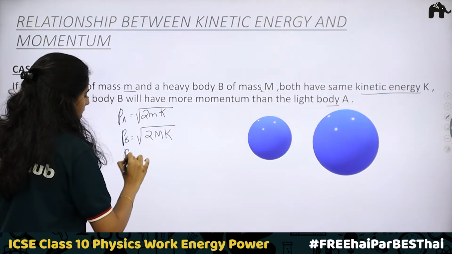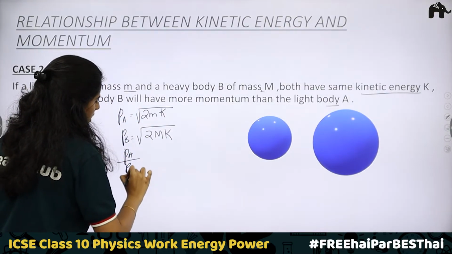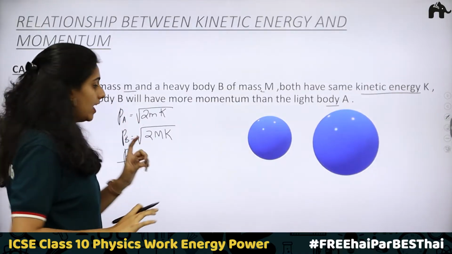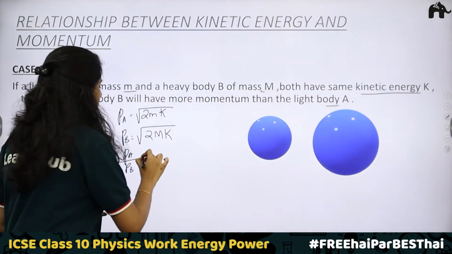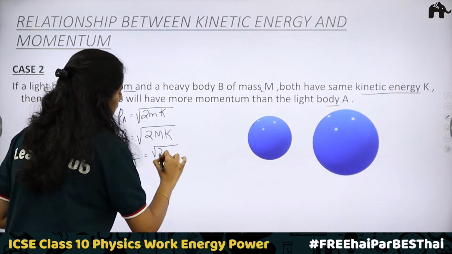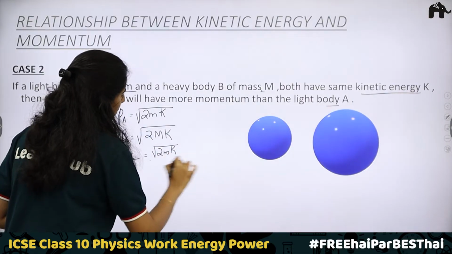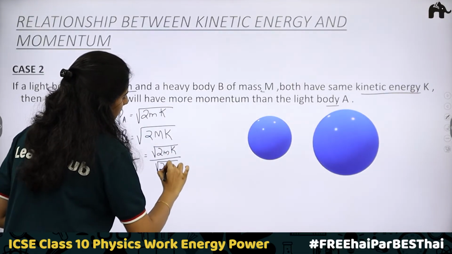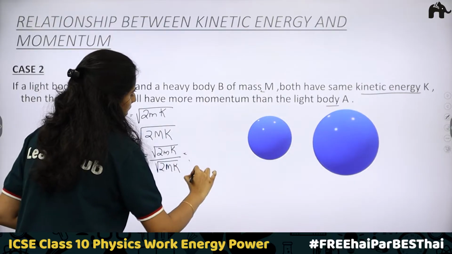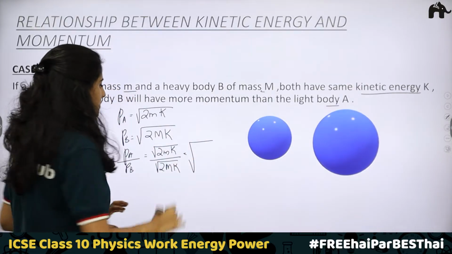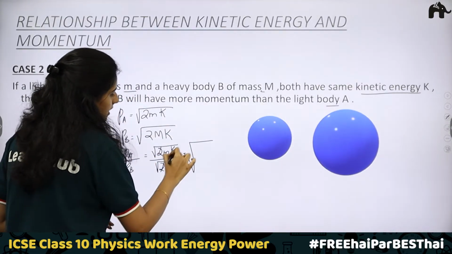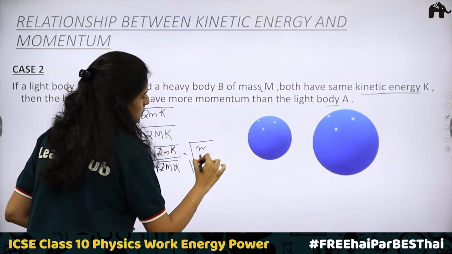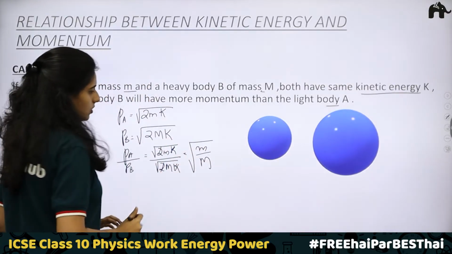Now for comparison, take Pa by Pb. Momentum of first body divided by momentum of second body will be equal to root of 2mK by root of 2 capital M K. Okay. Root is common. Then 2 can be cancelled. K can be cancelled. Small m by capital M. Okay.